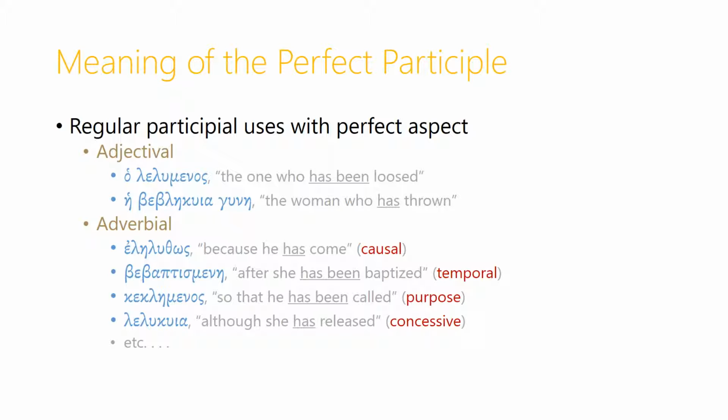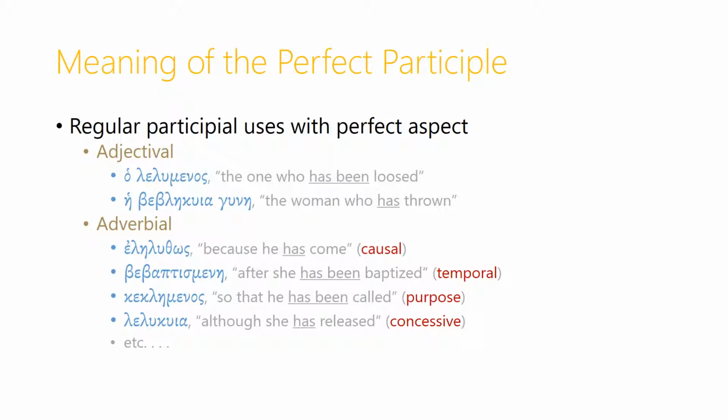So what is the meaning of the perfect participle, whether it's active or middle passive? Really, we just have the regular participial uses with the added element of the perfect aspect on the action. So if we were to have an adjectival participle, ho lelumenos, that's a substantive participle, we might translate that the one who has been loosed.